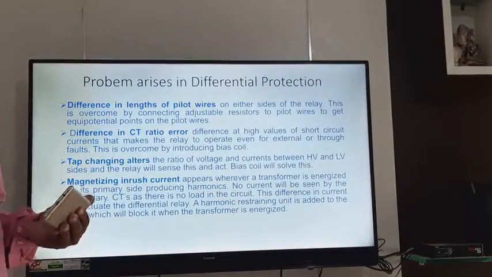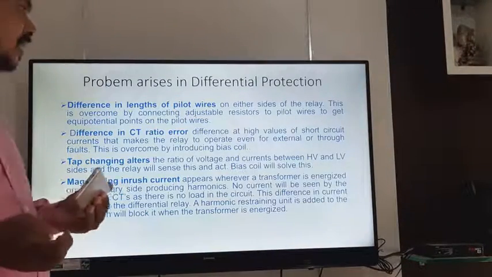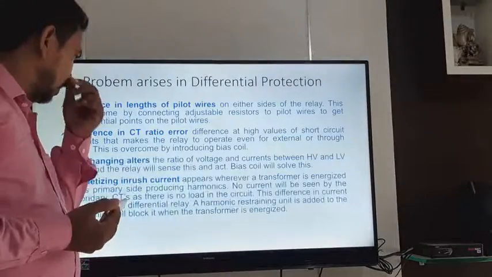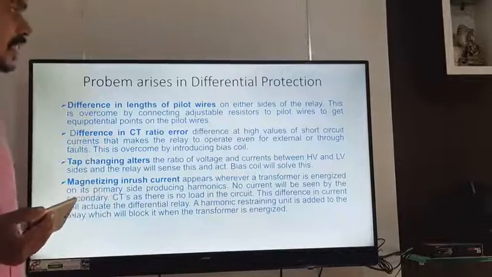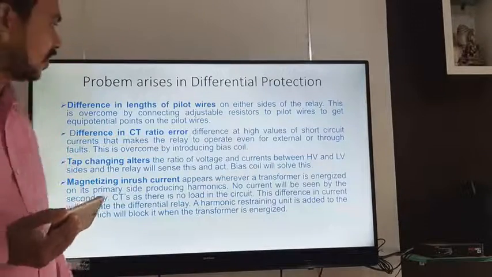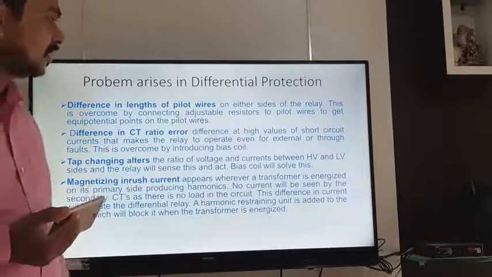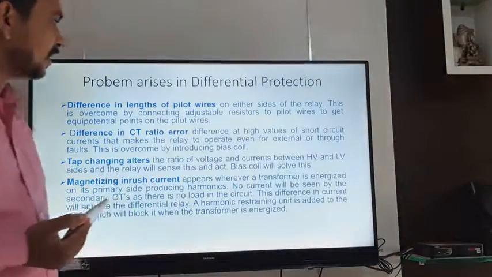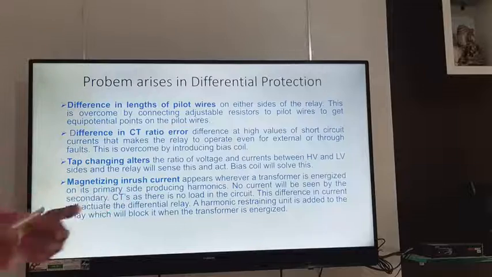When a high fault current is flowing, the CT ratio error occurs in this CT, and due to it the relay will operate even for an external fault. So for overcoming this difficulty, we have to introduce a bias coil, that is the restraining coil, which will be discussed later.